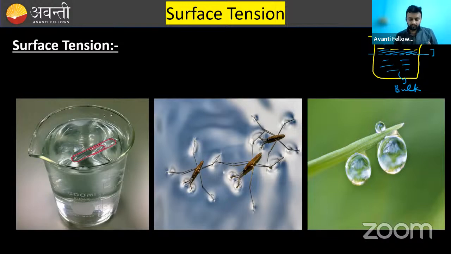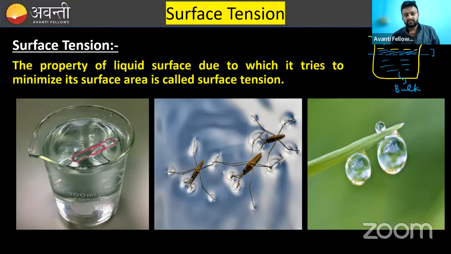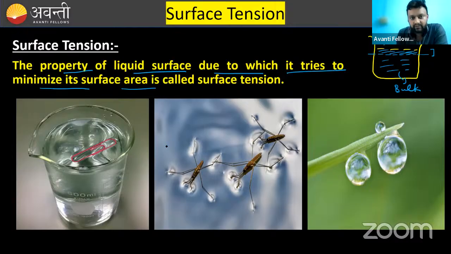What it does is it tries to minimize the surface area, and that is called surface tension. I think the definition is clear. The definition is on your screen: the property of a liquid surface due to which it tries to minimize its surface area is called surface tension.